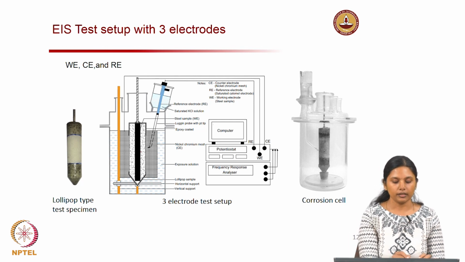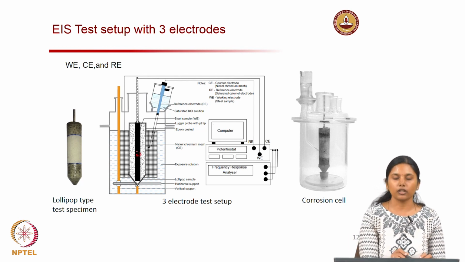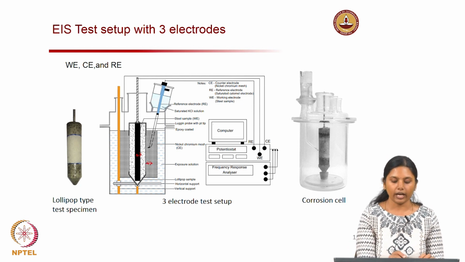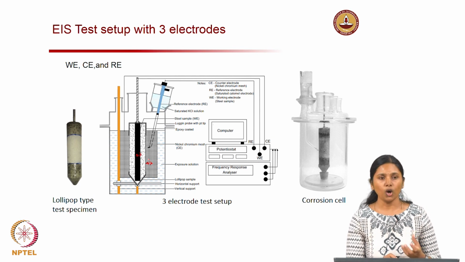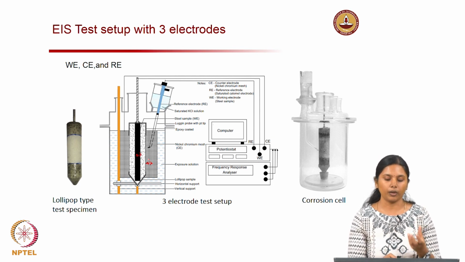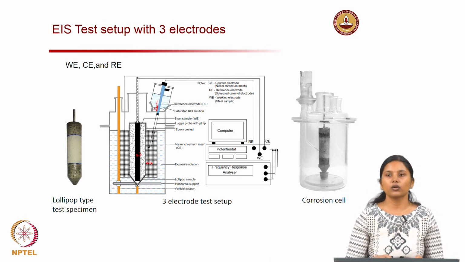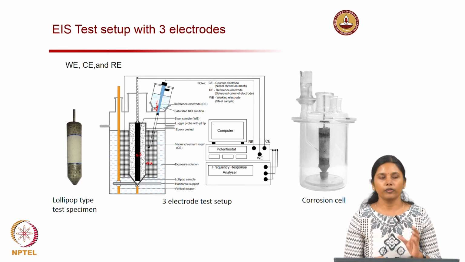Here you can see this is the working electrode. Working electrode is always the system under study. Then there is a counter electrode where we apply current or we measure the current from the potentiostat, and then we have a reference electrode. The reference electrode is a standard electrode where we know the potential of the electrode.